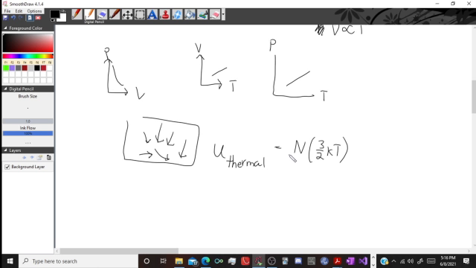You can also rewrite this as 3/2 nRT. So that's pretty much it for thermal energy and gases and pressure.